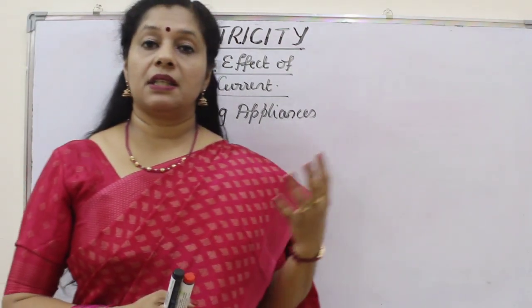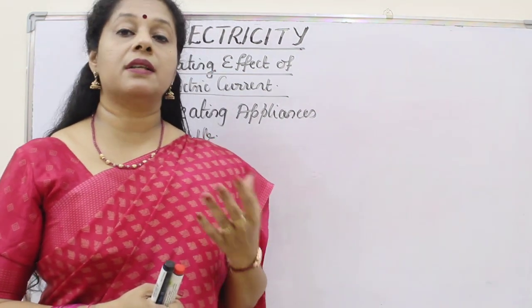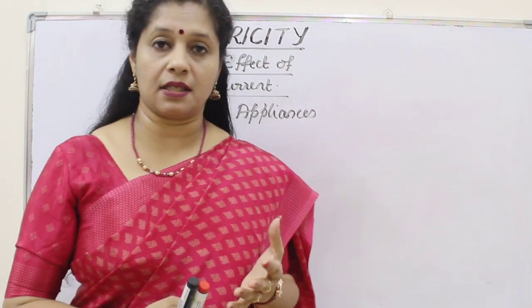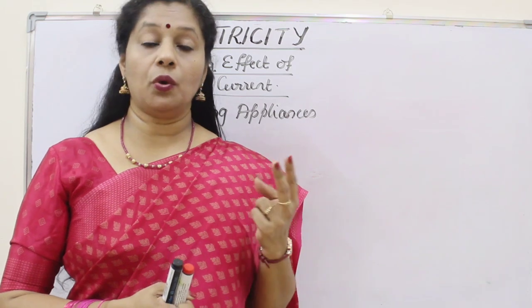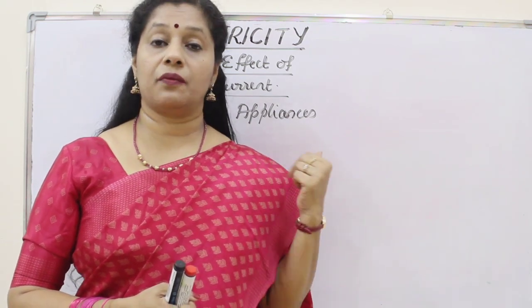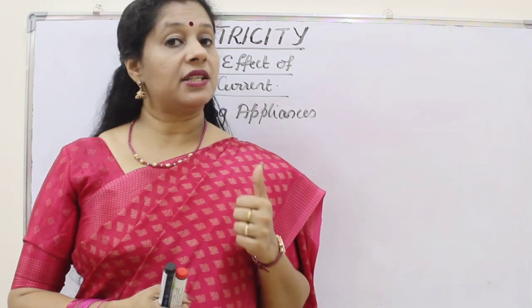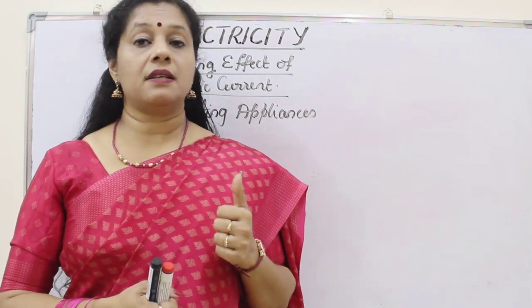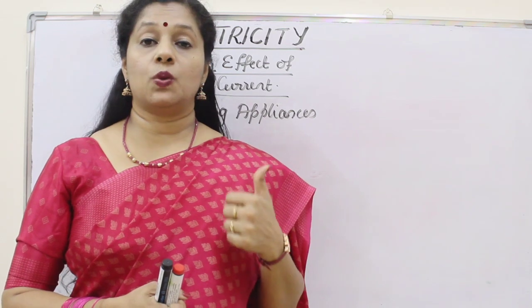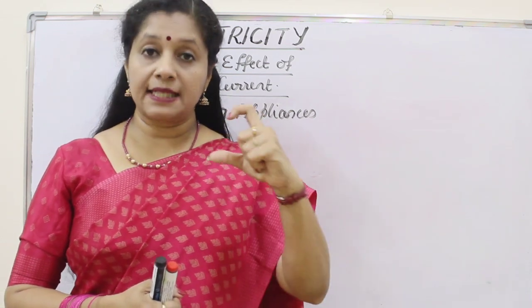The bulb filament, as I pointed out in the last video, is made up of a pure metal called tungsten. Tungsten has two advantages for use as a heating filament. One is it has high resistivity. As a result, the resistance is high so that the current cannot flow easily through it.